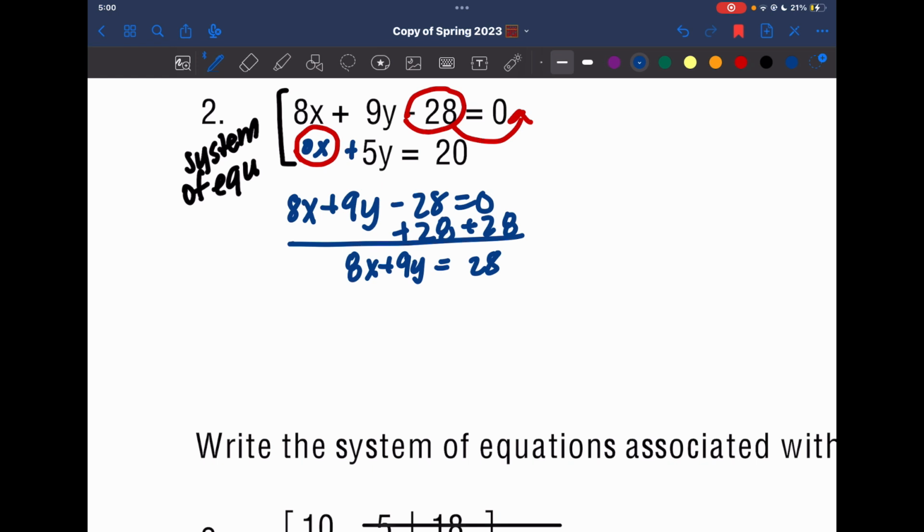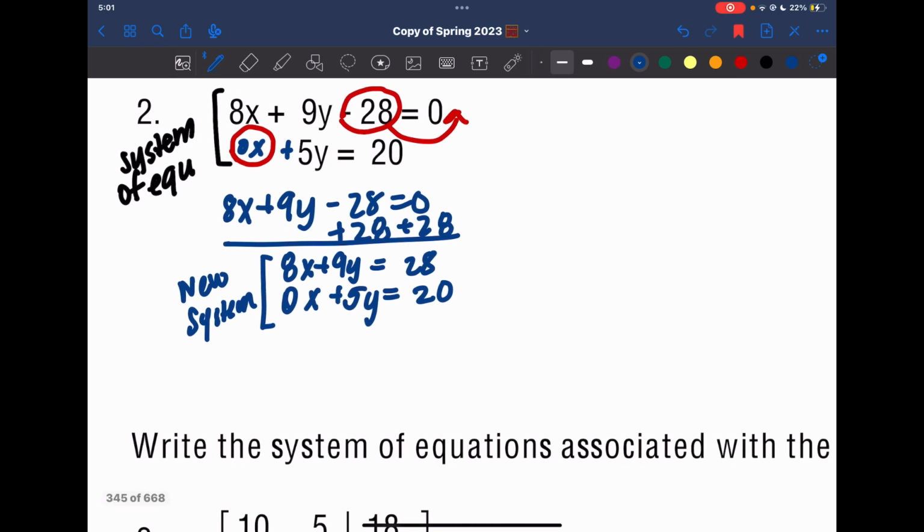Then we're going to take the way that it's rewritten and write it under here, so that the new system is set up in standard form. Standard form again is when you have an x, y, equal sign, and a constant. So this is going to be 0x plus 5y equals 20. This is the new system.